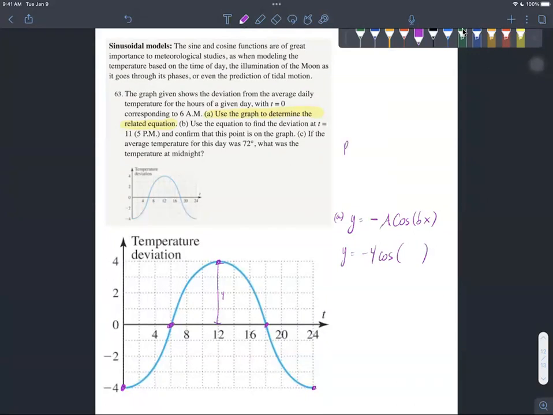Remember that we said a period is equal to 2 pi divided by B, but then we have to figure out, well, how long is a period here? A period here, we can see from start to finish, it finishes one cycle in 24 units, in this case 24 hours. And so B is going to be what?